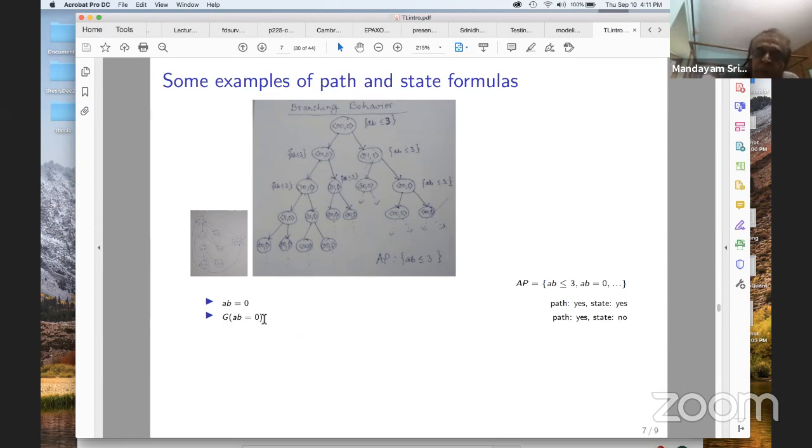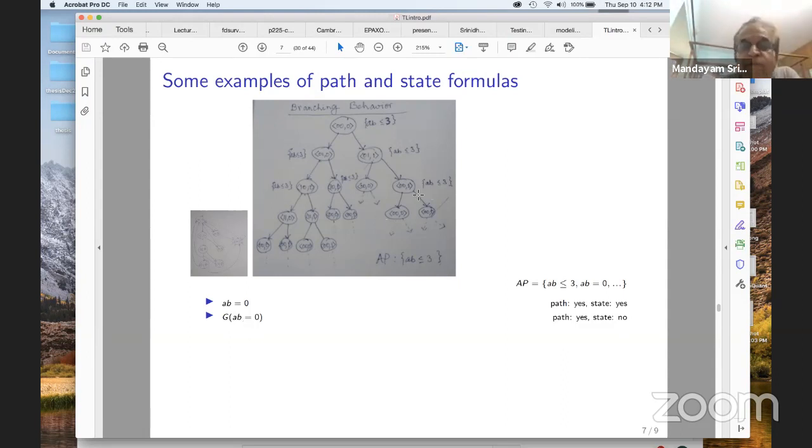I'm making the point that model checking, of course, has to ensure that things work from the initial state, but properties are defined independently. They only represent paths. In this case, this is a path formula, therefore it represents paths. So this is true of those paths in which AB is equal to 0, that label belongs to that state forever.